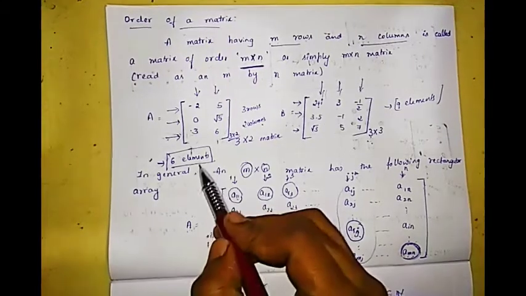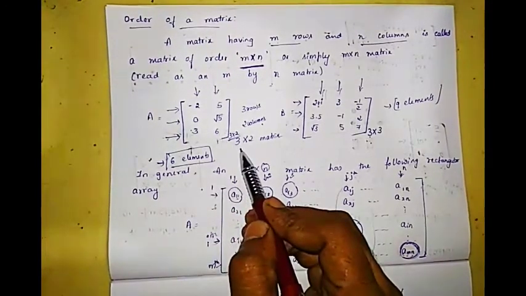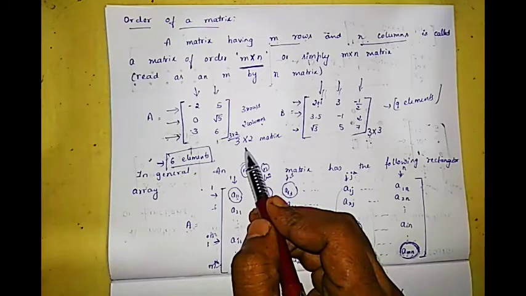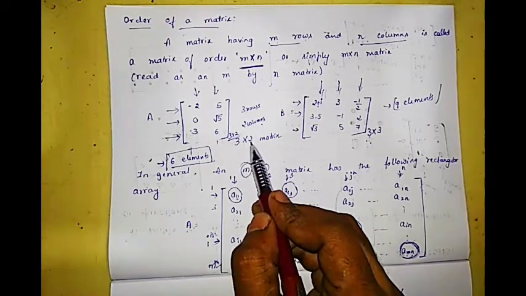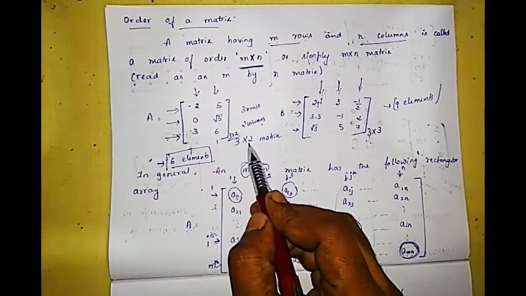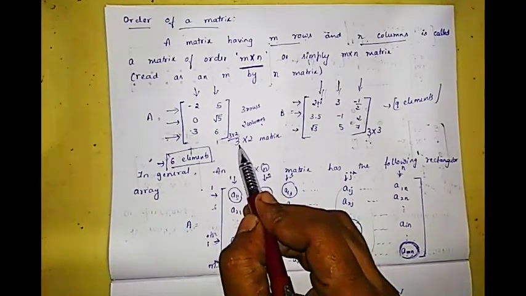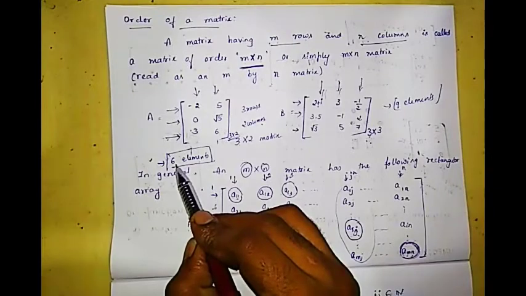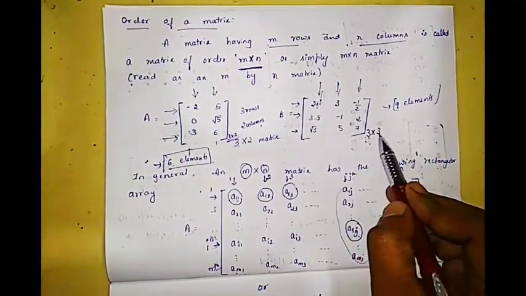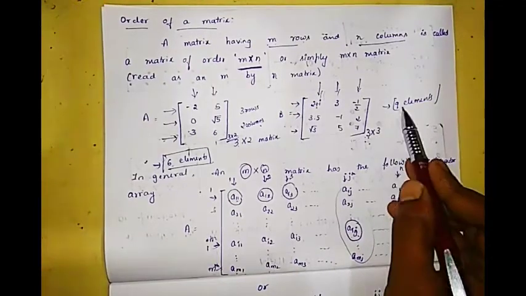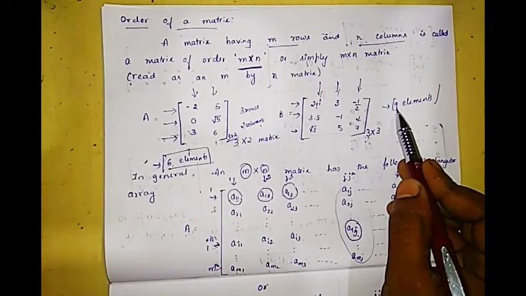Just look at the number of elements and the order of the matrix. Can you think? 3 into 2, the order is 3 by 2. If you multiply 3 and 2, we get 6. Here also, the order of matrix B is 3 into 3. If you multiply 3 and 3, it is 9.